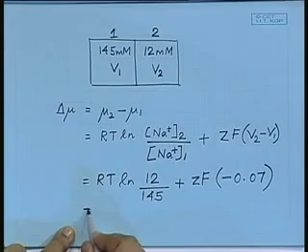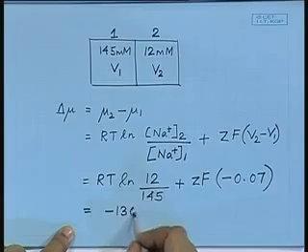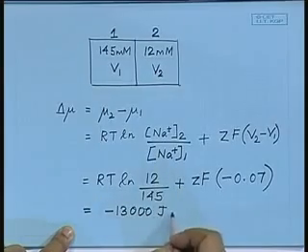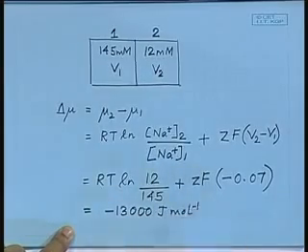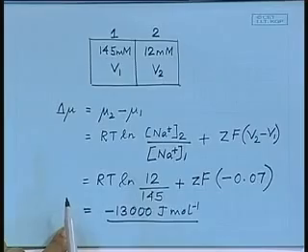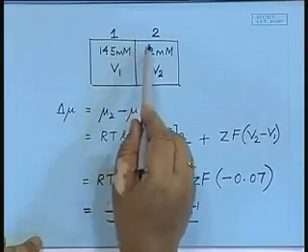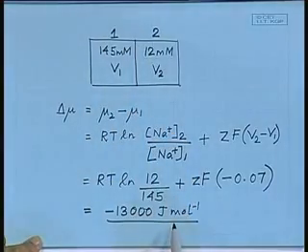Now, if I calculate this, it works out to be minus 13,000 joules per mole. So, what is it saying? That the transport of sodium from this higher concentration side to the lower concentration side is a favorable process.